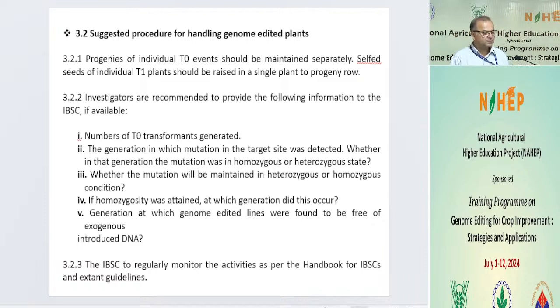So for seeking exemption, you have to provide all this information, as I was telling you: which category of genome editing it is, SDN1 or SDN2; then confirmation, whether you have confirmed what kind of addition, deletion or change in nucleotide has happened, with DNA sequencing; whether selfing or backcrossing has been carried out to segregate the exogenous DNA, whether by selfing you have got a line free from exogenous DNA or you have done backcrossing for that, you have to mention; and whether any DNA-free method has been used while developing the plant.